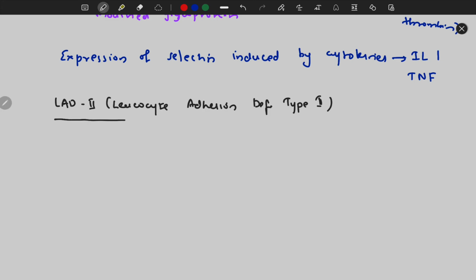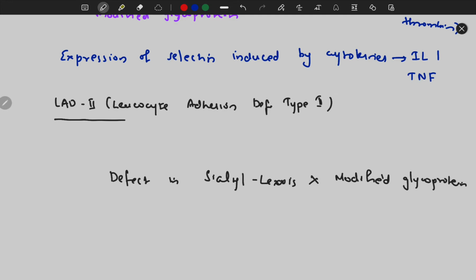Actually the pathology is there is a defect in the Cellular Lewis X modified glycoprotein due to mutation in the genes.